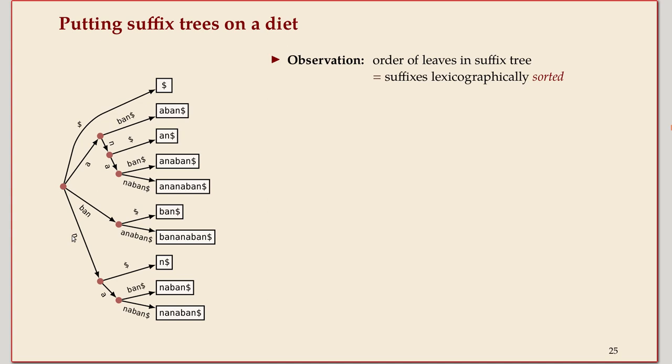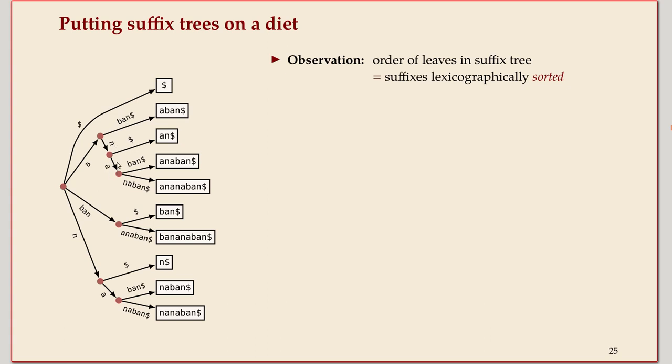The dollar sign is always assumed to come before all actual alphabet characters, and then I'll just assume normal alphabet order. So A comes before B, and B comes before N. And we can do this in all the nodes. So B comes before N, dollar comes before A, etc.